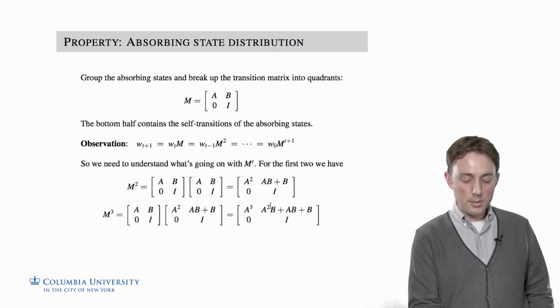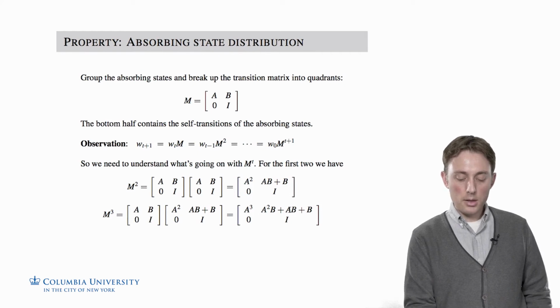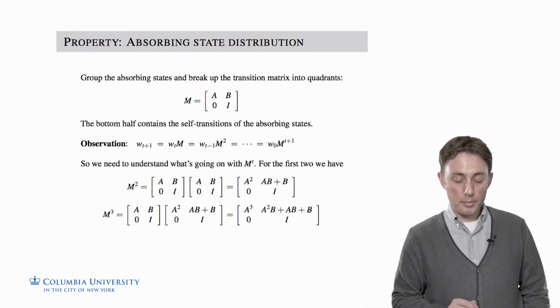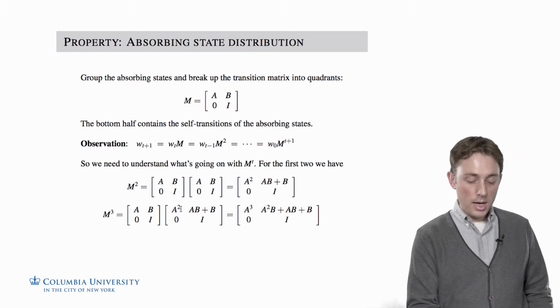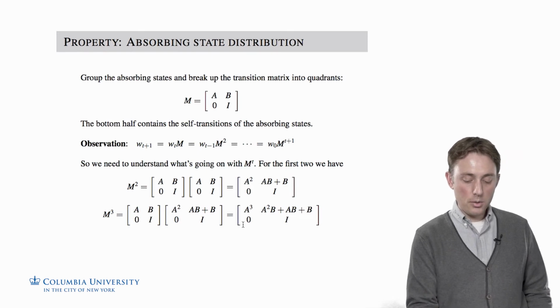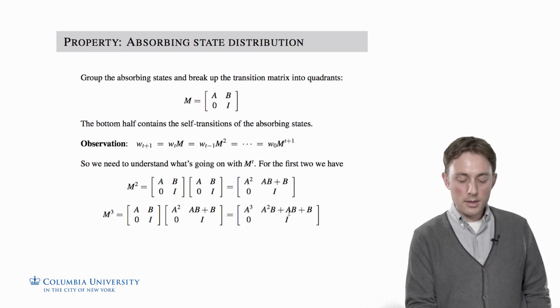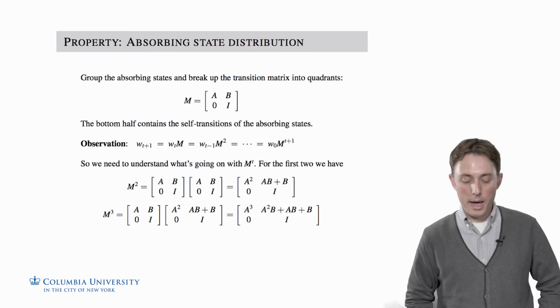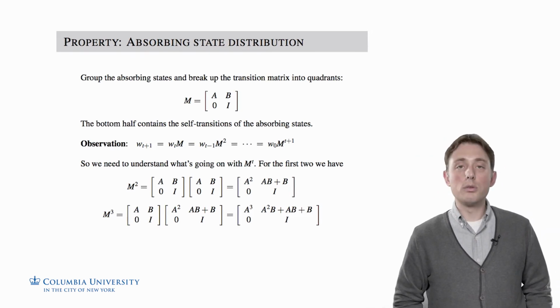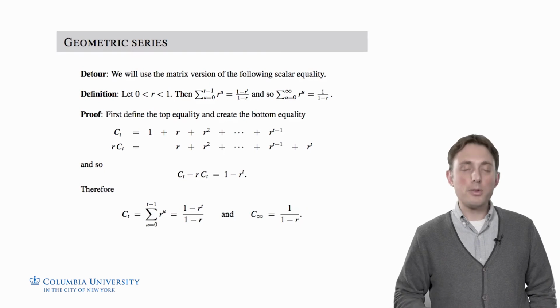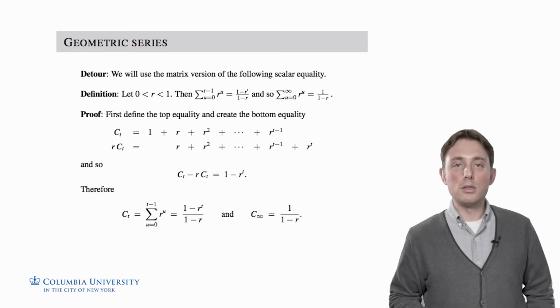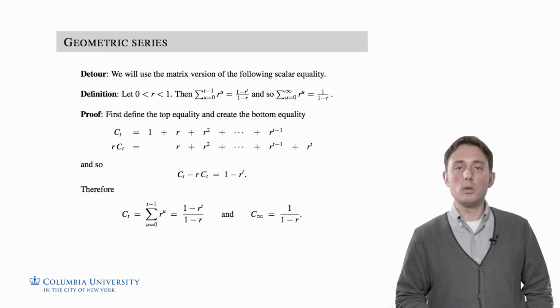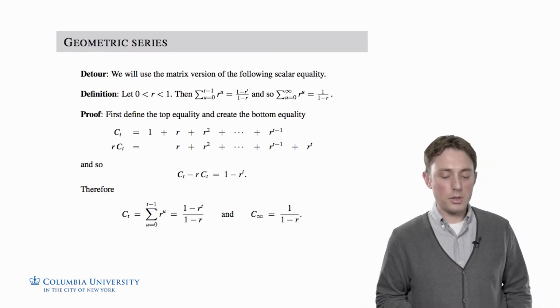And then we have A times this term, so we have A squared B plus AB plus B. 0 times A squared plus I times 0 is 0. And 0 times this term plus I times I is I. Okay, so we've already started to uncover a pattern, which we're going to return to in a second. But first I want to take a one-slide digression about the geometric series. What we're going to see is that this is an example of a matrix version of the geometric series.